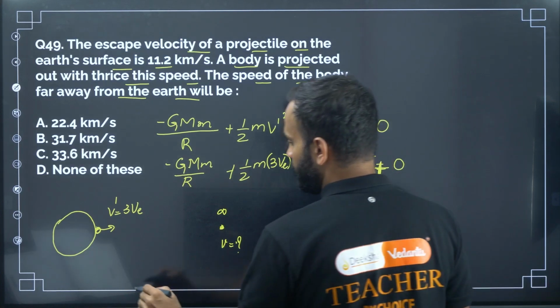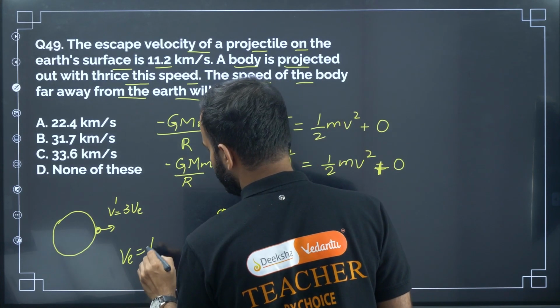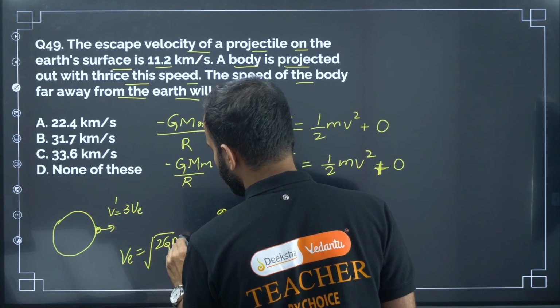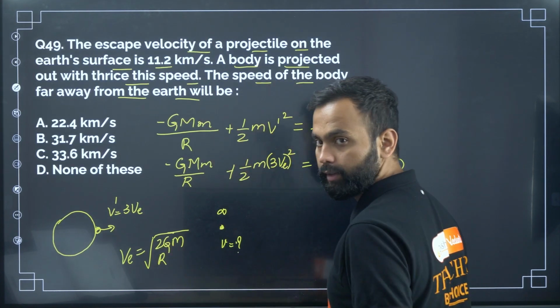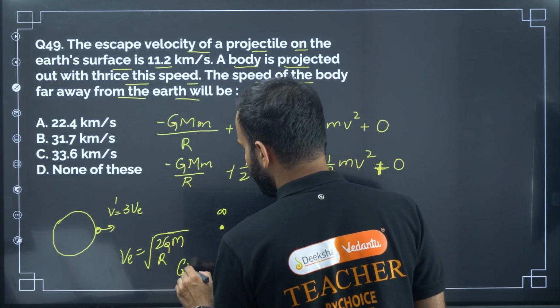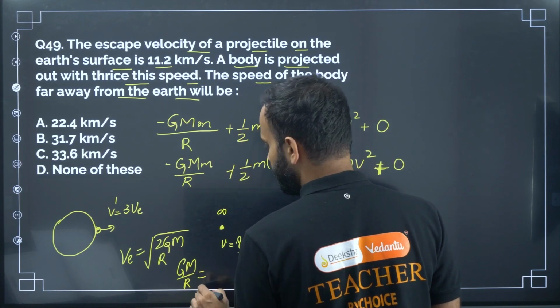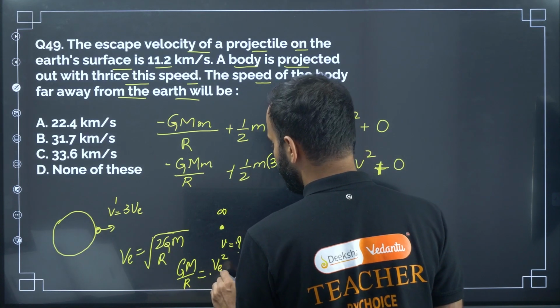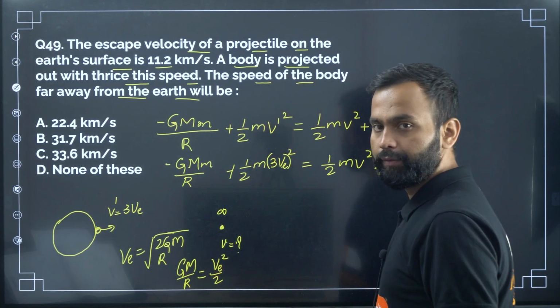We know that escape velocity Ve equals root of 2GM divided by R. So GM divided by R is equal to Ve square divided by 2.